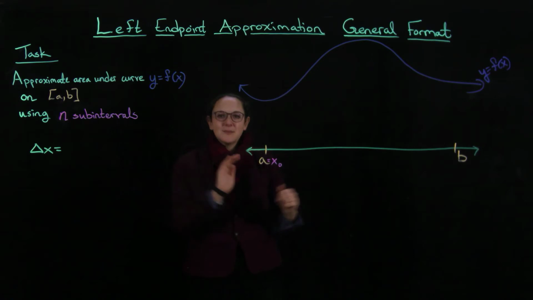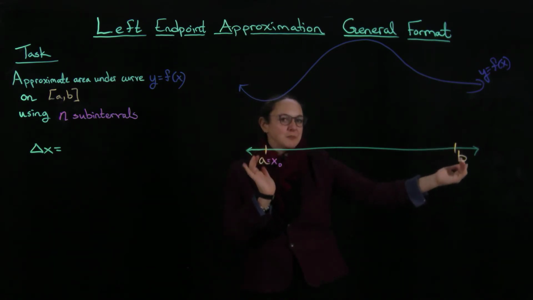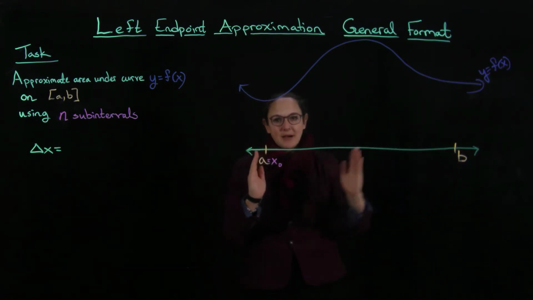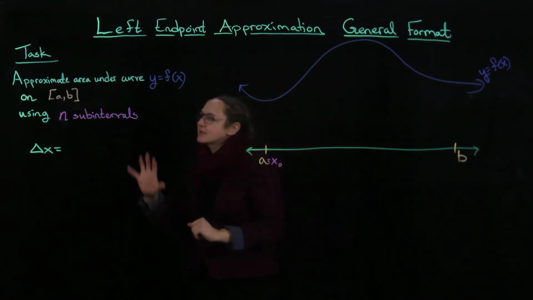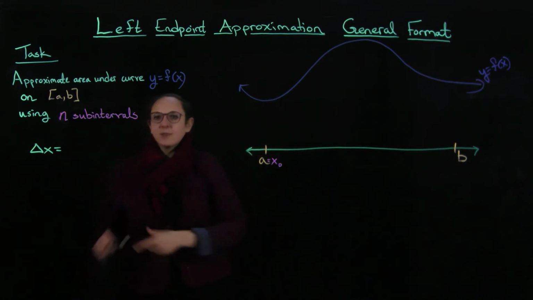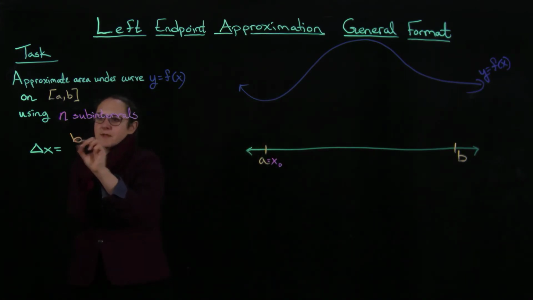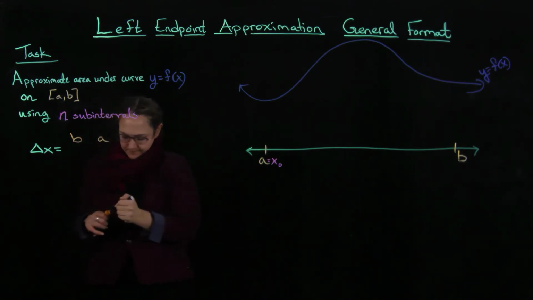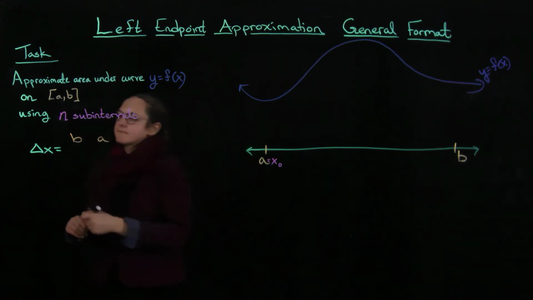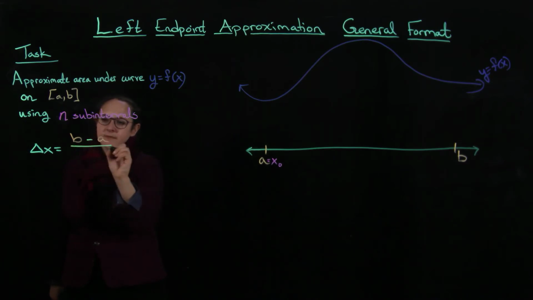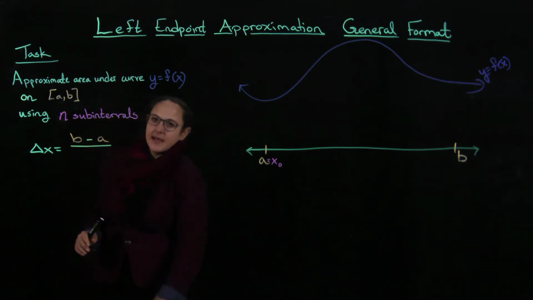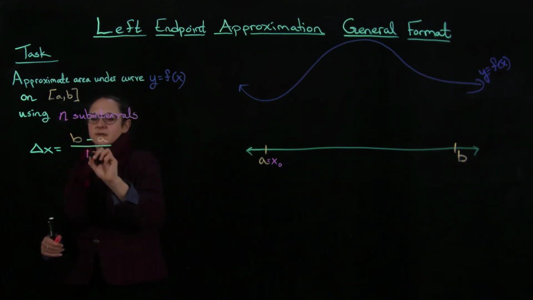And then I want n subintervals, so I want to take the whole length, b minus a, and divide it by n. So let's go ahead and do that. I want to take b minus a and divide by my n, coming from the n subintervals.